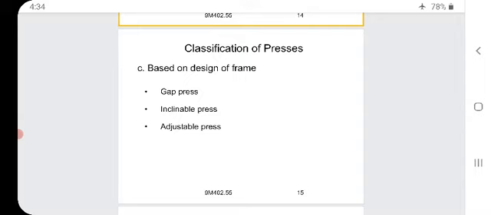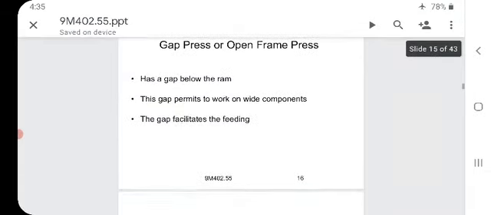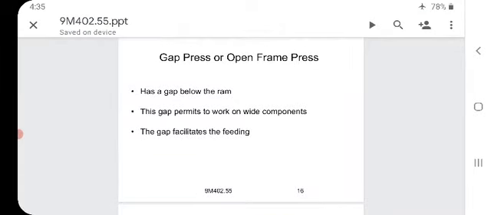Next, the classification of the presses based on the design of the frame: gap press, inclinable press and the adjustable press. Now we are going to see the gap press or open frame press. Gap press has a gap below the arm.